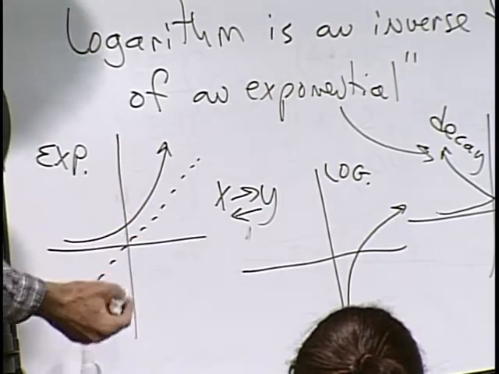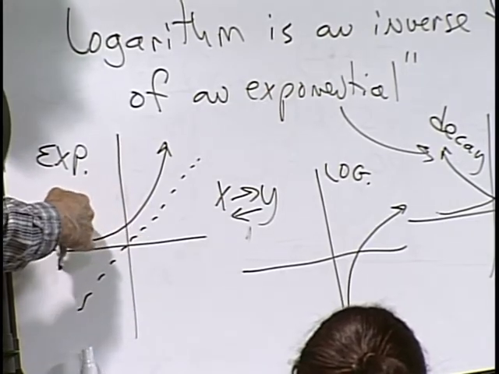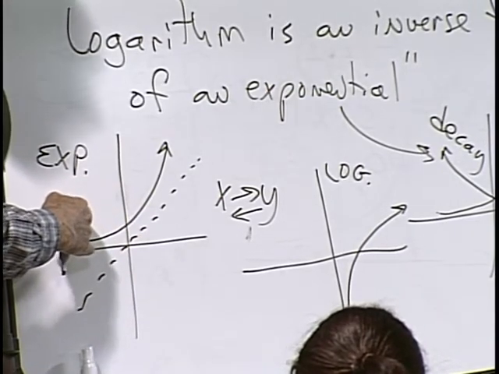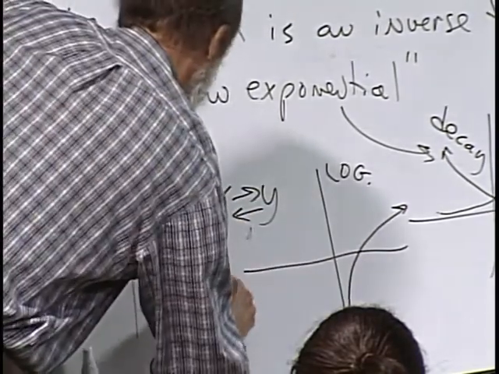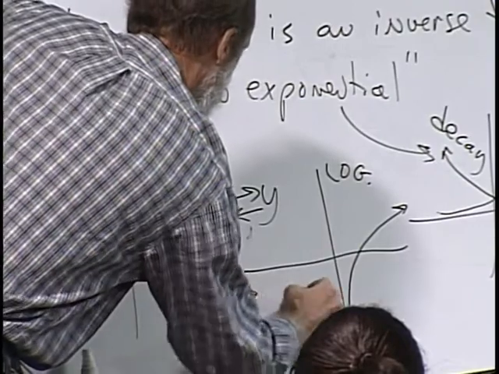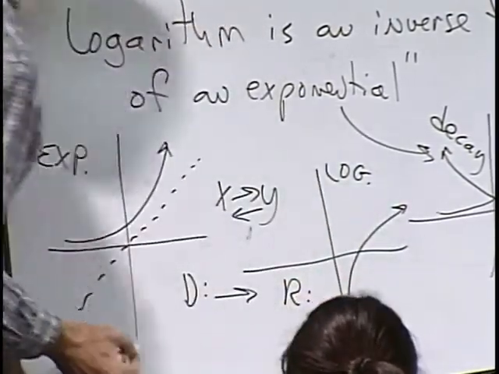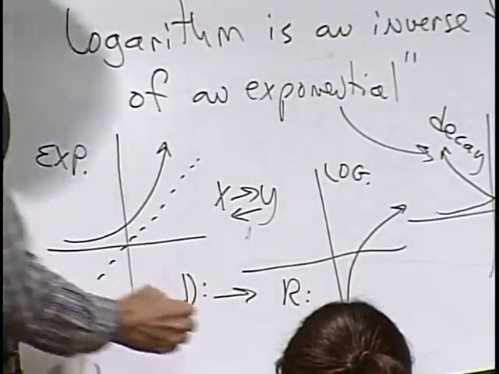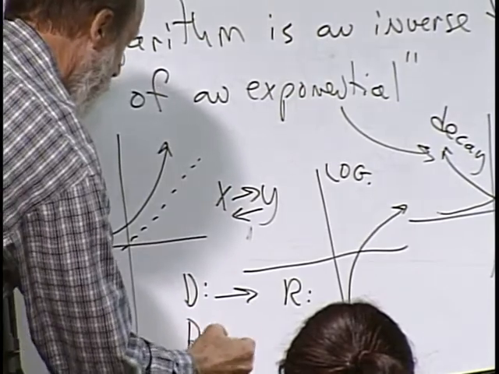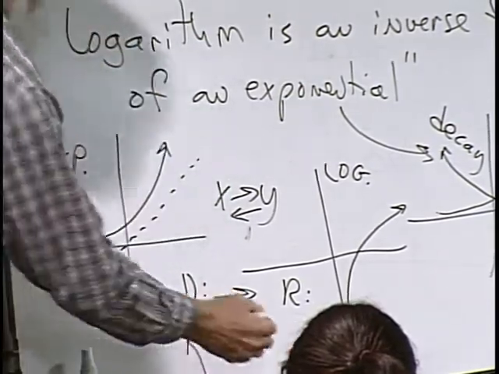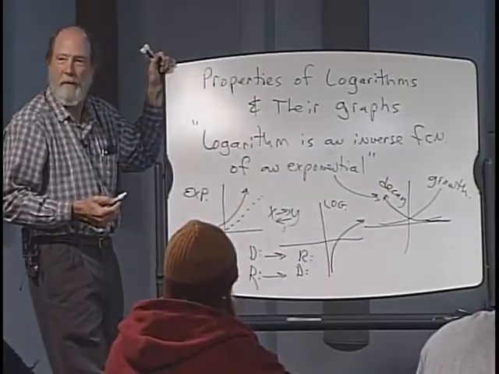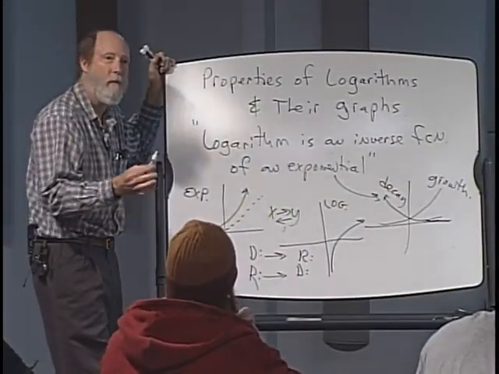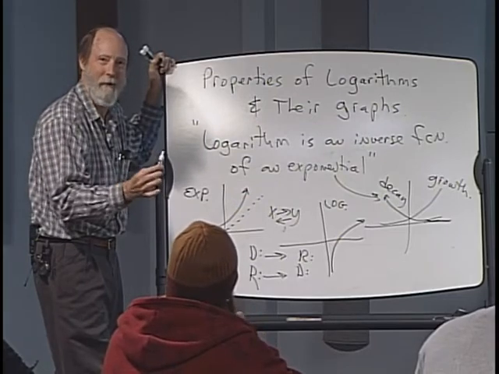Another thing is the domain on the exponential becomes the range on the logarithm. So the domain here becomes the range over here, and the range on the exponential becomes the domain of the logarithm. It's that simple. You just need to remember it.